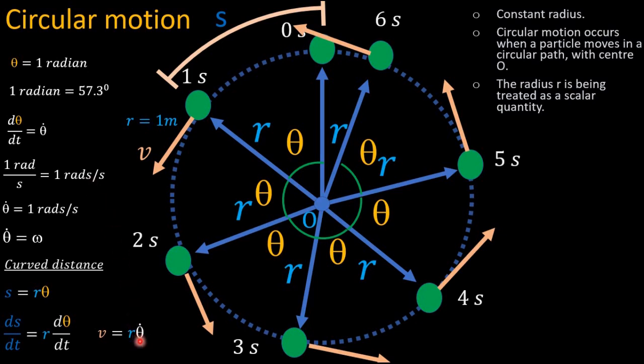If we substitute that in, we get 1 meter per second. In case you're wondering what happened to the radians, you might think we'd get meter radians per second, but we don't, and that's because a radian is a dimensionless quantity. To calculate a radian, you just do the curve there divided by the radius.